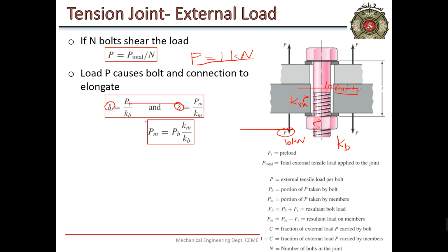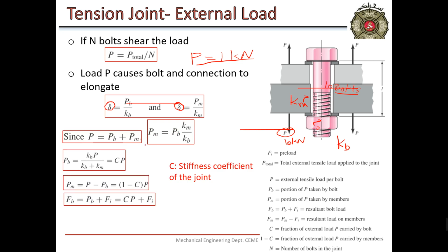If we equate these two deltas, we will get a relationship between member load and bolt load. From this equation, we solve for a constant C, which is equal to kb divided by kb plus km. This is the stiffness coefficient of the joint. It gives us a relationship between the load resisted by the bolt and the load resisted by the members.